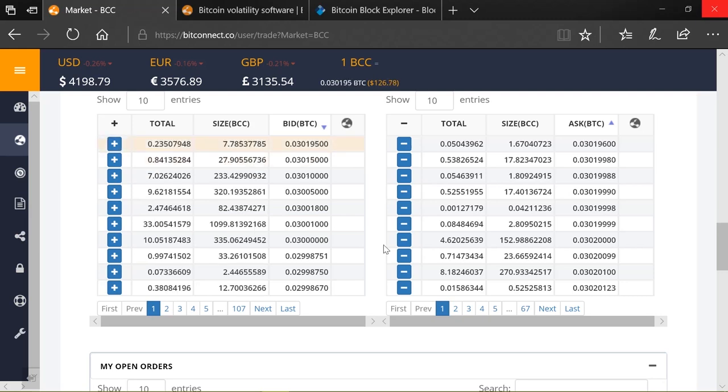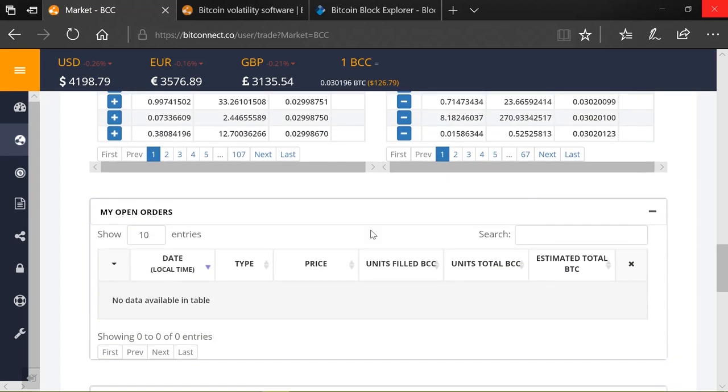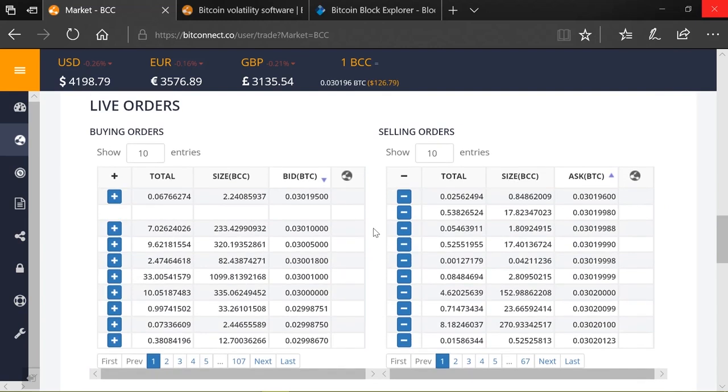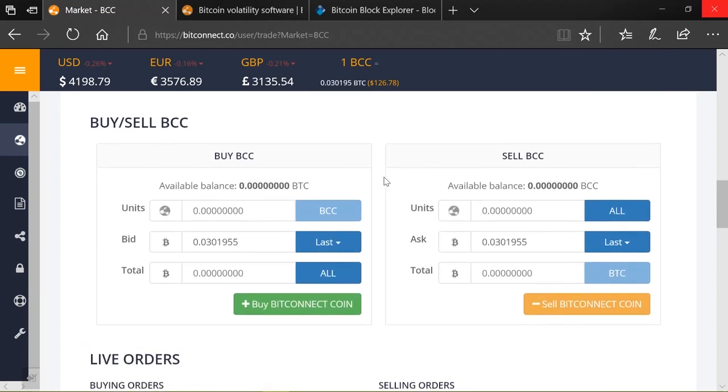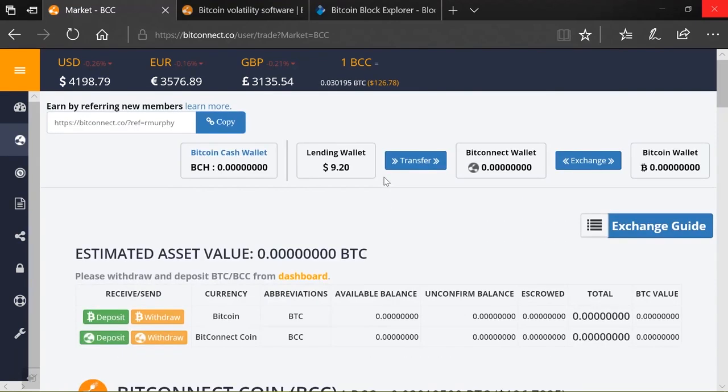There's no point having all this money in the system earning great interest if it's just sat there doing nothing, or you're not utilizing it. So that is another area here where you can actually trade in real time, Bitcoins, Bitconnect coins, or dollars. So there is another way to earn money.